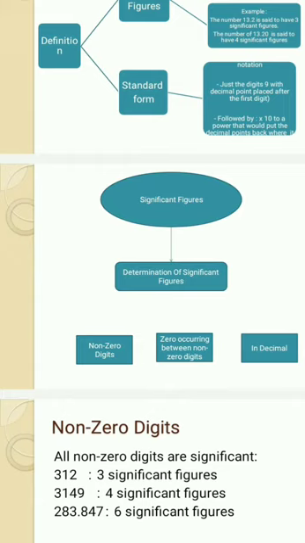In significant figures, we can determine the number of significant figures. How do we determine them? There are three cases: non-zero digits, zeros occurring between non-zero digits, and decimals. Okay, first we go to non-zero digits.